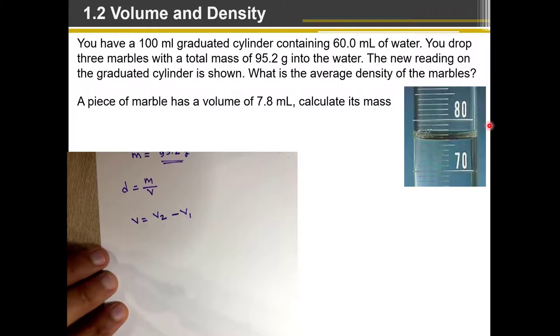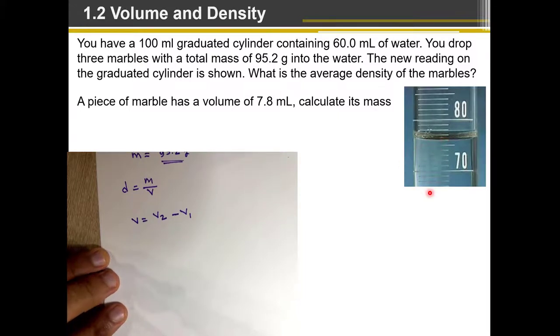If you look at this picture, typically when you read volumes, you read it from the bottom of the liquid curve. So you can see that you are certain that the level is above 76.